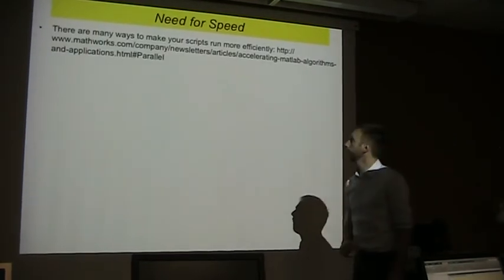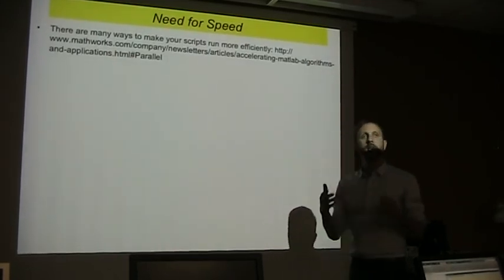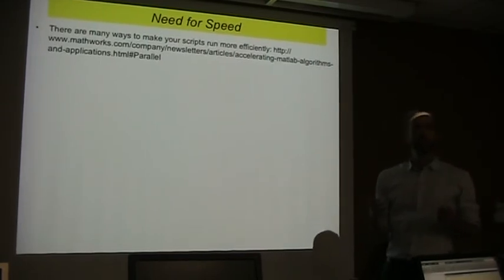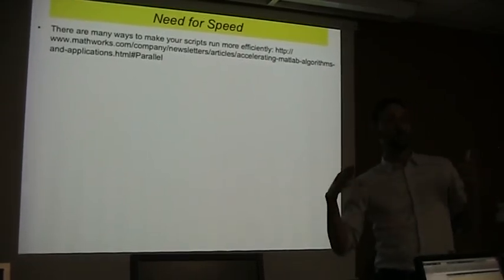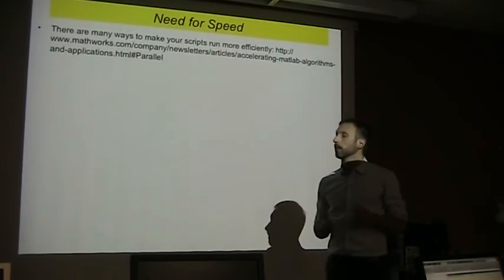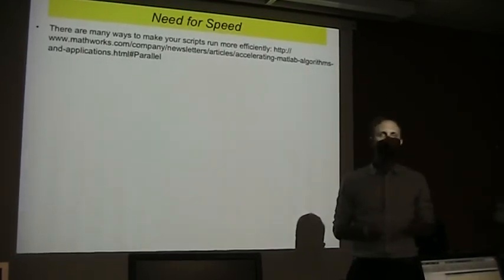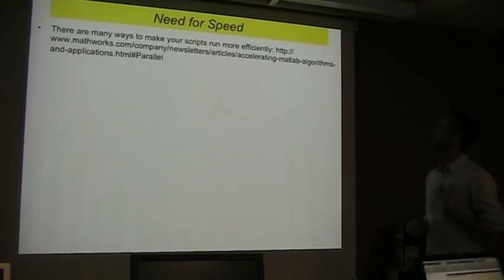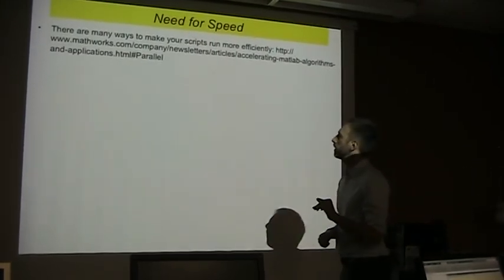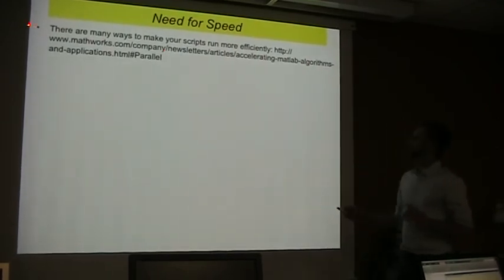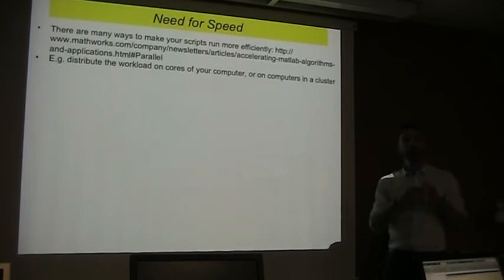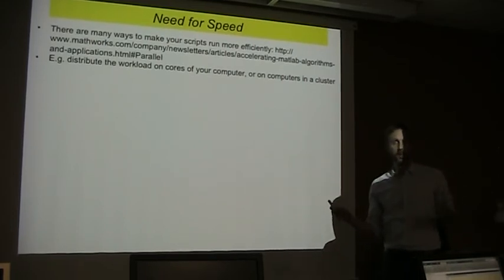And finally, once you have a script which is running, you want it to run faster, or sometimes you're doing operations which are very intense, and your computer is sort of suffering and getting slow. There are many ways you can improve the speed of your script, and you can read it up here. I'm just introducing one, which is you can distribute the workload.